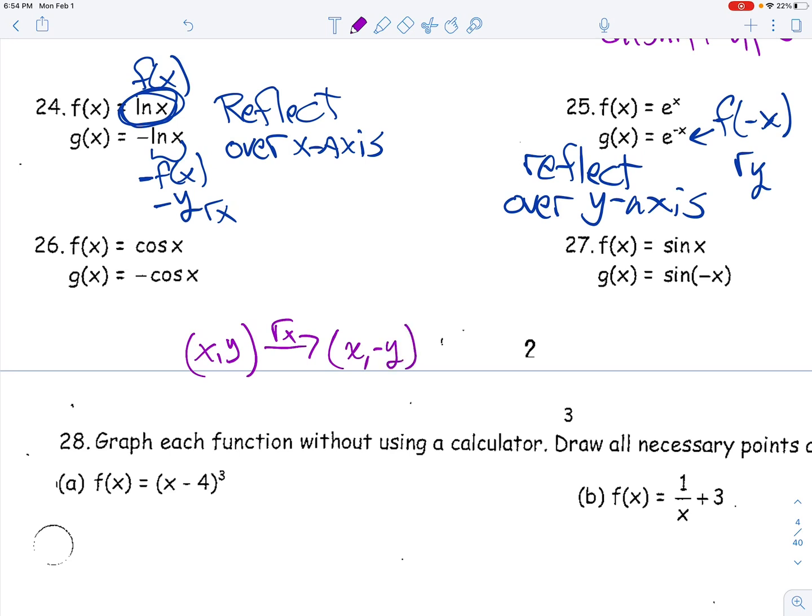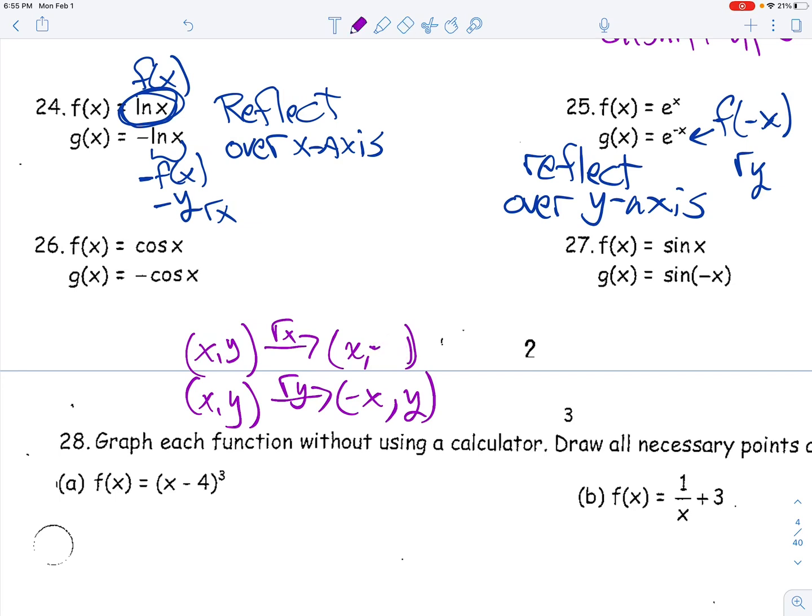With x comma y, when you reflect over the x-axis, you keep the x and negate the y. When you reflect over the y-axis, the x is negated and you keep the y. And remember, y is f of x.